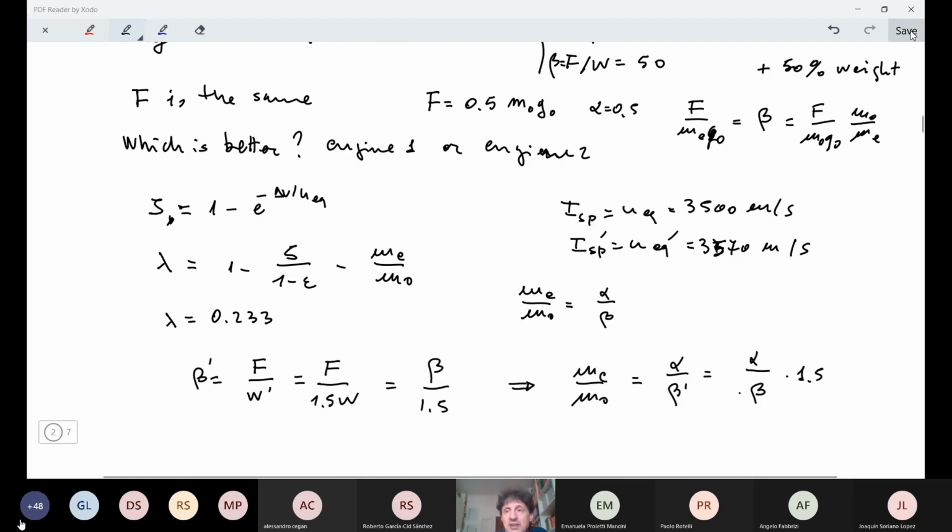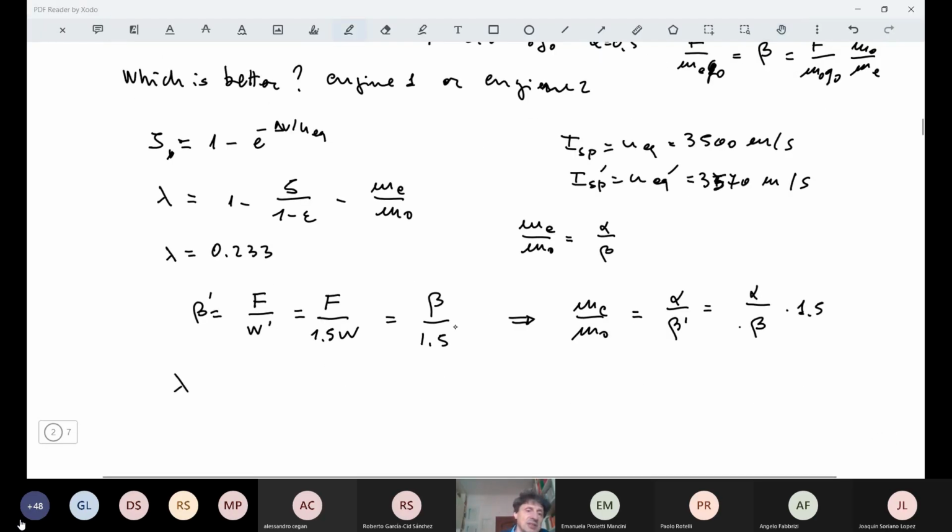So we can see the result, and we obtain that in the second case, the reduction of propellant mass is greater than the increment of the engine mass in these conditions, and we obtain 0.236. So it's a little improvement, but you have to consider this is still 1.3%, which is not something that we can consider negligible.